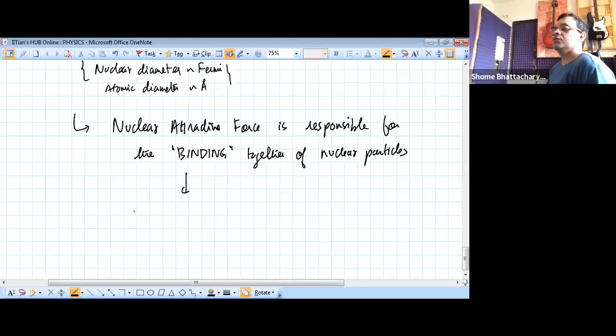So it is responsible for, or nuclear attractive force, you can say, is responsible for what we call binding energy of a nucleus.